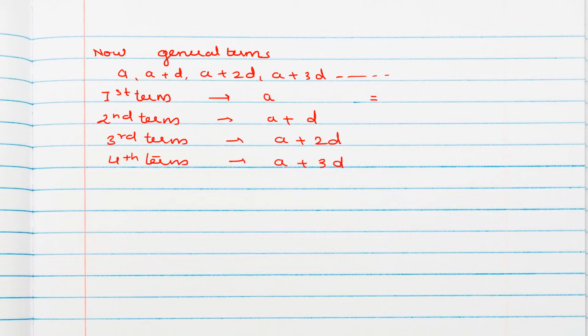Now, if we want to write this in one generalized formula, the first term is A, and the second term is A plus 1D, and 1D means (2 minus 1)D, where 2 denotes the second term.